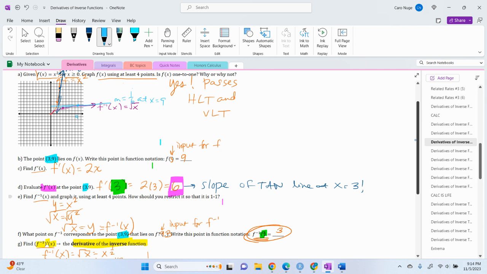Right here, I kind of skipped over that part, but I'm doing it right now, just so you know, I did not address this until now. We just graphed the inverse, 4 points. How should we restrict it? Well, remember x squared, we restricted it so that x was greater than or equal to 0. Technically, a square root has 2 branches here.